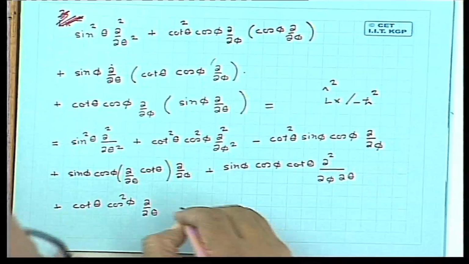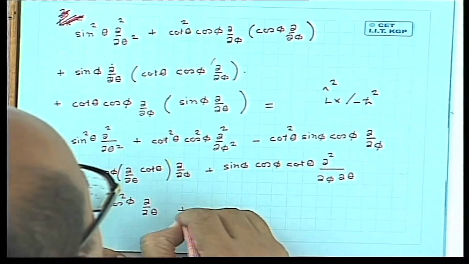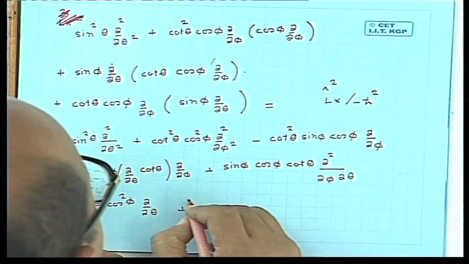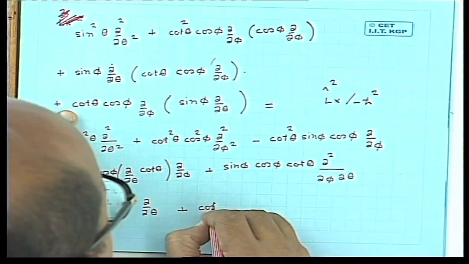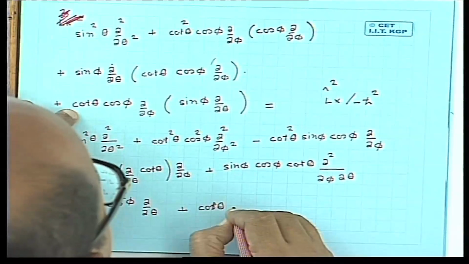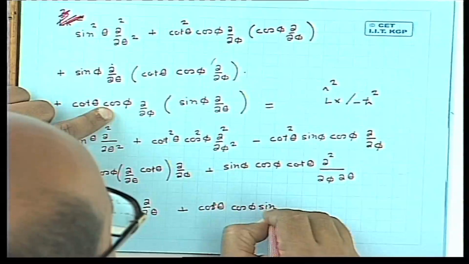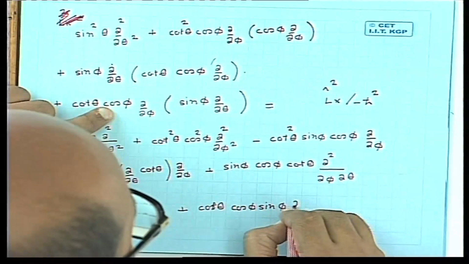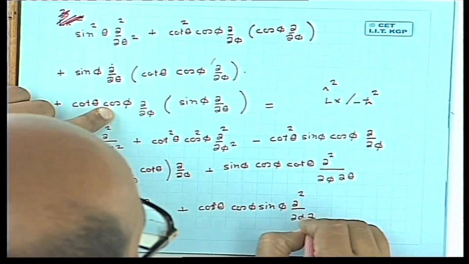And we have one more term which is plus cot theta, and then we have cos phi sin phi del square by del phi del theta.